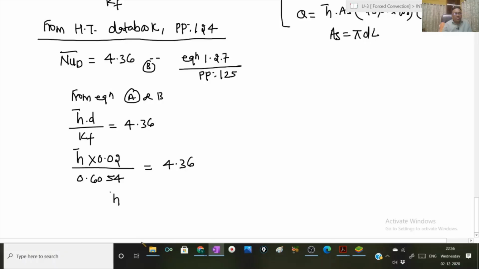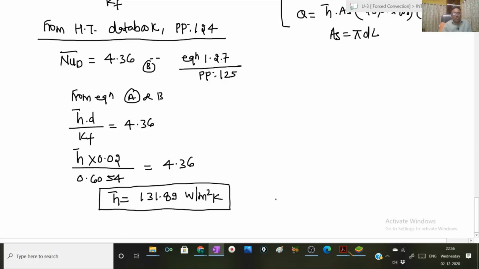From here, the value of average heat transfer coefficient comes out 131.89 watt per meter square Kelvin. So this way I could find out the value of average convective heat transfer coefficient, and this is answer number 2.